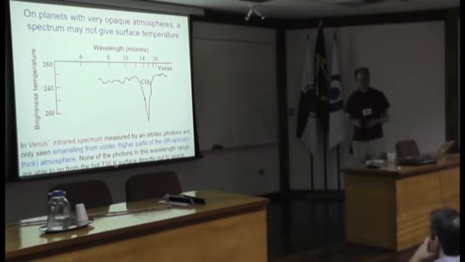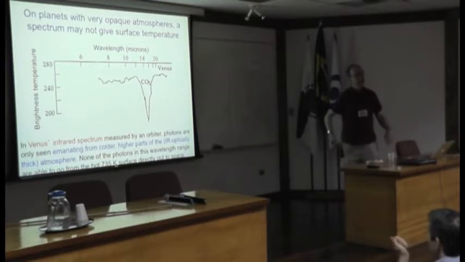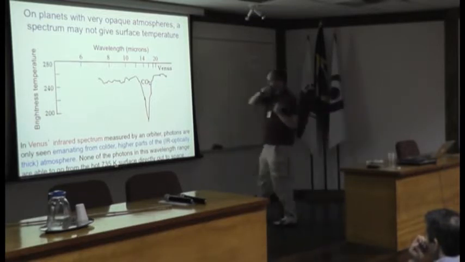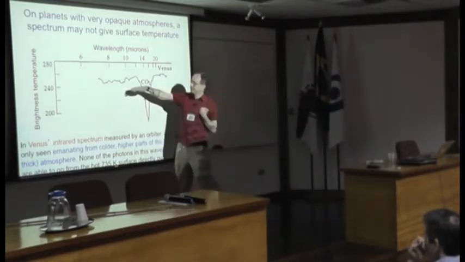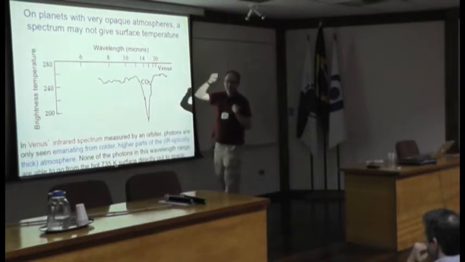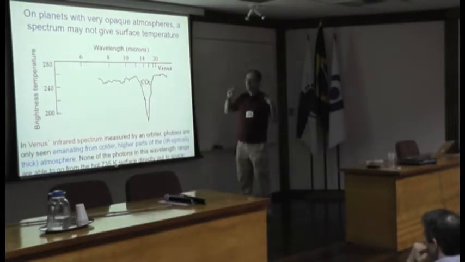So if we had this for an exoplanet, it would be difficult. We might make a mistake and think, oh, maybe we're seeing a window, but we're not. Or we would be intelligent and we would realize we're just seeing the atmosphere, and we'd say, we don't know the surface temperature.